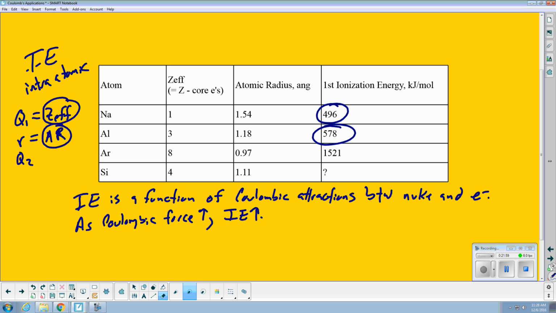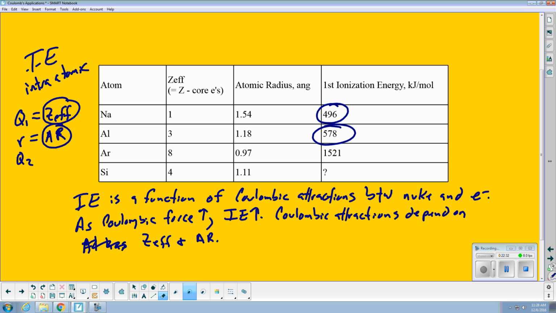Now, we want to explain this. Aluminum has what? Oh, let's not go there yet. Let's talk about my Z effective. Let's talk about my Coulombic attractions. My Coulombic attractions depend on Z effective and what?